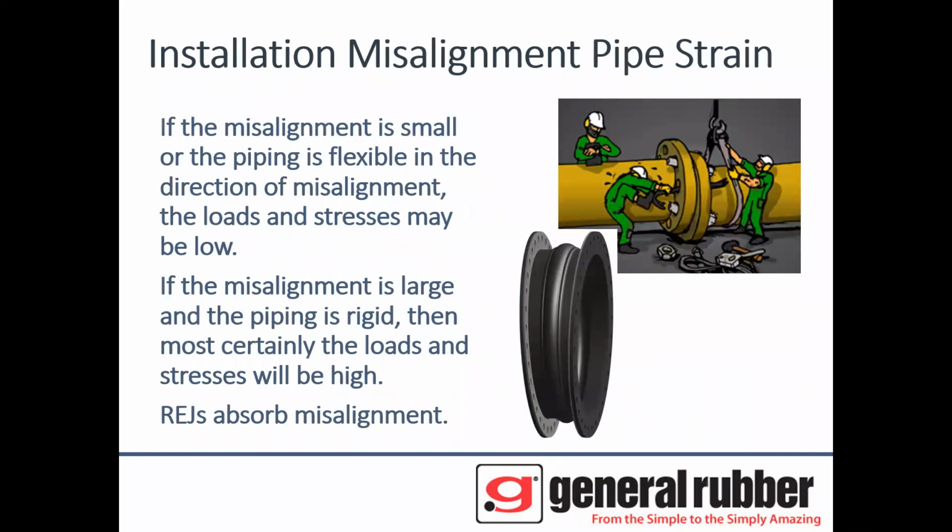We will look at each of these one by one, and for misalignment pipe strain, we can visualize this. If the misalignment is small or the piping is flexible in the direction of misalignment, the loads and stresses will be low. If the misalignment is large and the piping is rigid, then most certainly the loads and stresses will be high. Rubber expansion joints absorb misalignment.